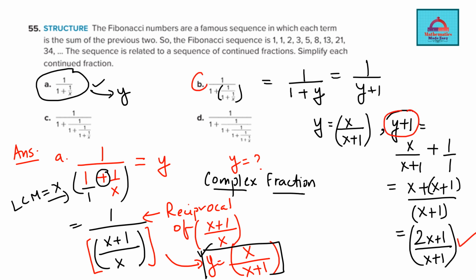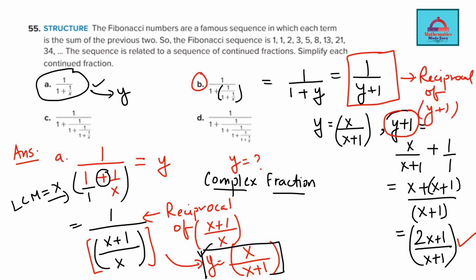But what is the answer for the B part? It is 1 over this. It means you have to take the reciprocal of y plus 1. So what is the reciprocal of this? That will be the answer for the B part. Reciprocal of this means the denominator comes on top, flip the numerator and denominator, and this comes down.